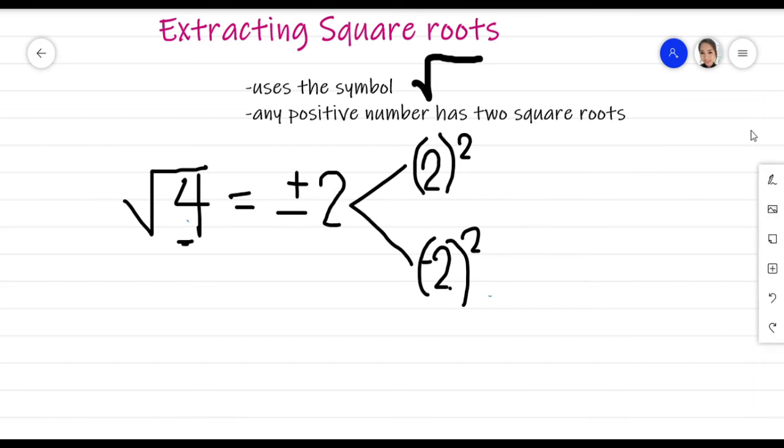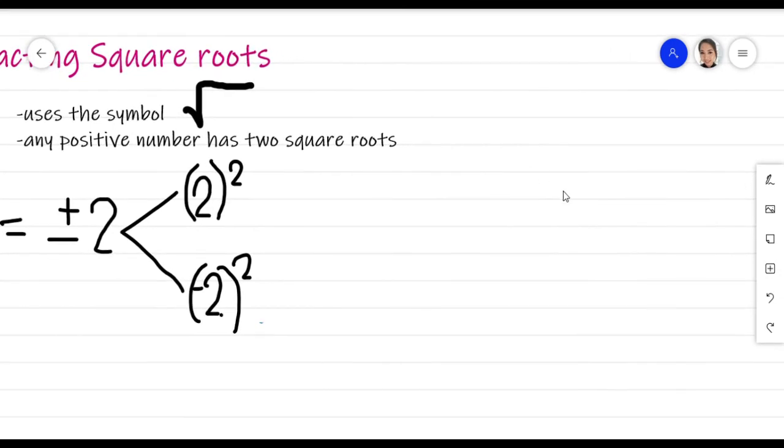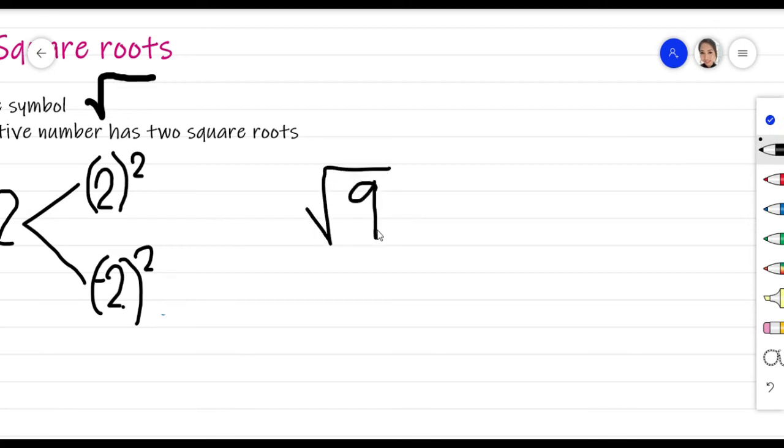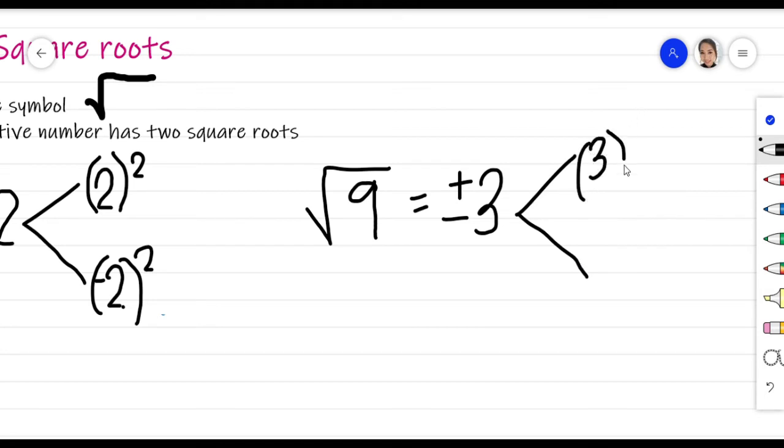Let's have another example. How about the square root of 9? Square root of 9 is equivalent to positive 3 and negative 3 because squaring positive 3 and squaring negative 3 will both result to positive 9.